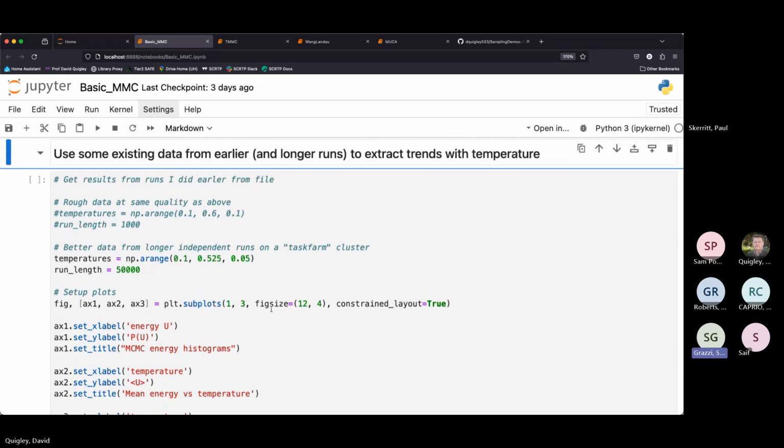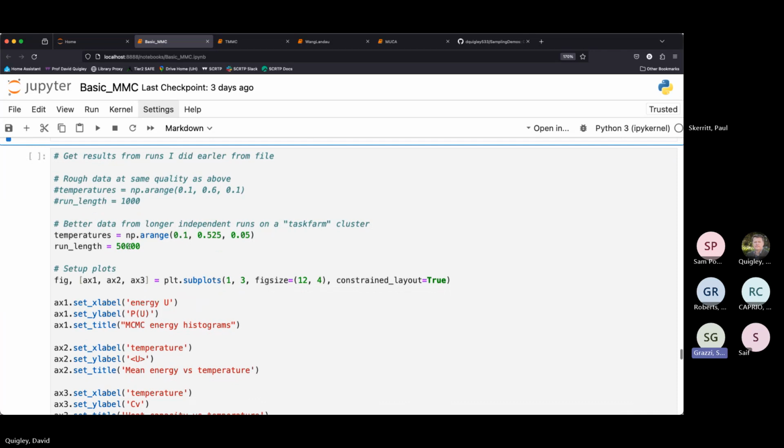What I want to do is run for some extreme lengths to show you that even if I run for as long as I can be bothered to run, I'm not going to get good answers in this case. So I'm looping over a whole bunch of temperatures from 0.1 to 0.5, running for 50,000 frames. So that's 50,000 times 100 sweeps.